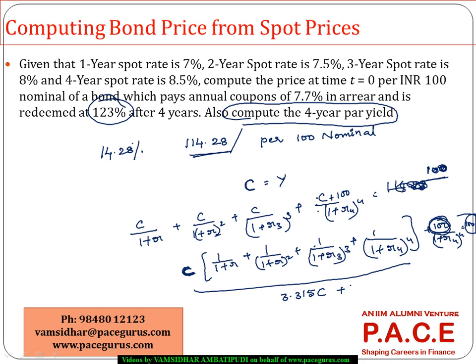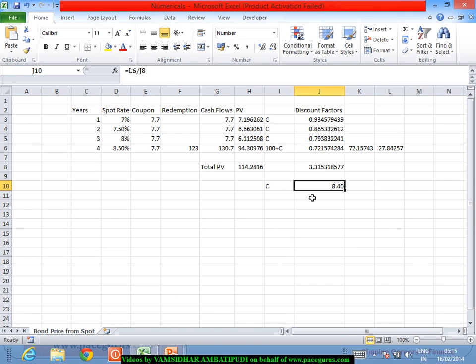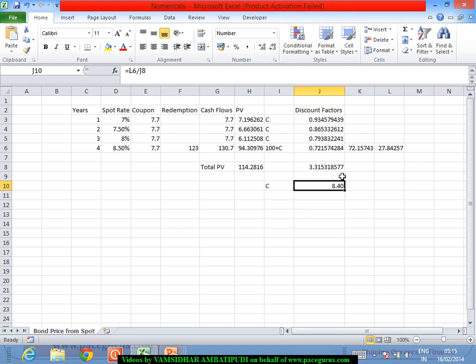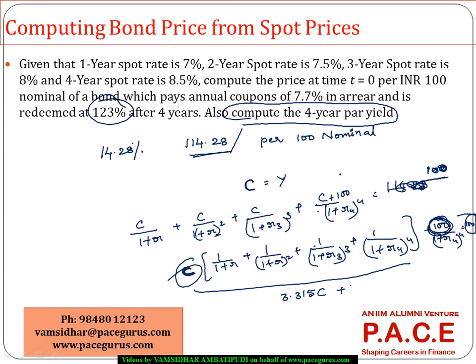When I set the price as 100, redemption value as 100 and equal coupons across, and find out that particular coupon which will create this kind of a scenario, that particular yield is what we call the par yield. So the par yield in this case we can obtain as 8.4%.